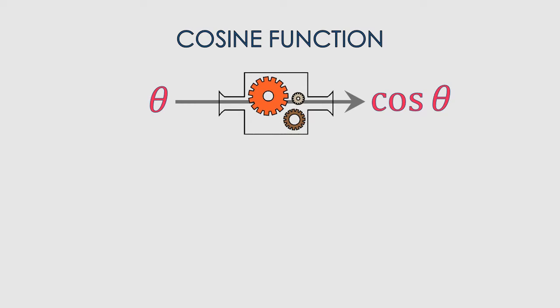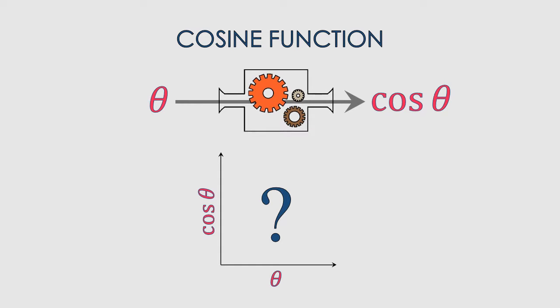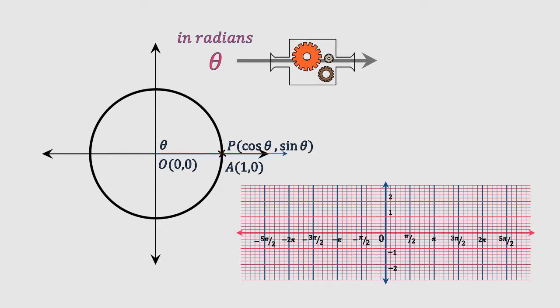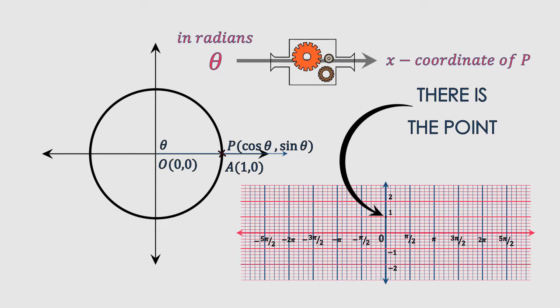Now let's have a look at the cosine function and its graph. Let's begin with the angle measuring 0 radians. Remember, the output of the angle is the x-coordinate of point P. So we begin with the point 0, 1.